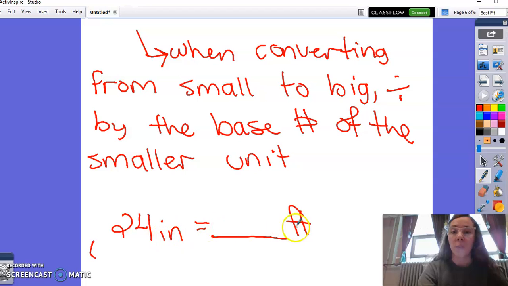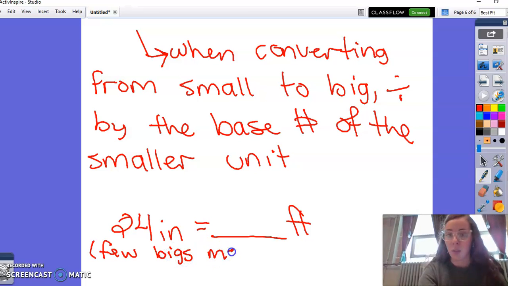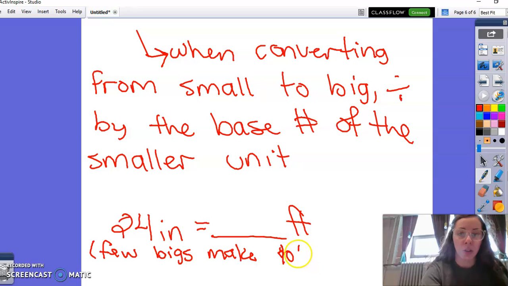If I'm going from small to big, I have lots of littles, and I know it's not going to make as many bigs. So few bigs, sorry about my pen being selfish, make lots of littles.